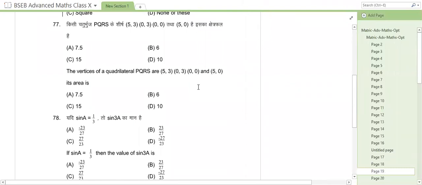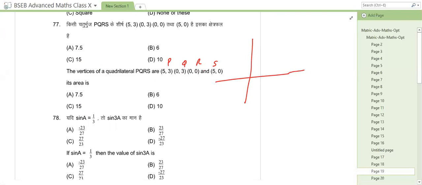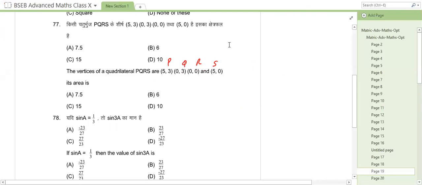PQRS, the vertices of a quadrilateral. The area is, so let's see what type of quadrilateral this is. Let's insert a diagram.